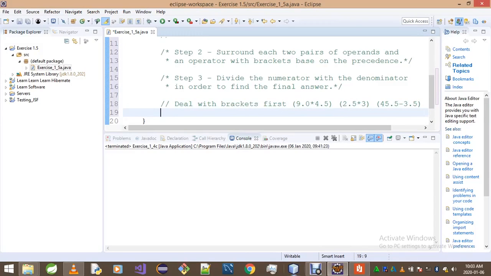So our numerator looks like this. Numerator. In fact, I can copy and paste this.